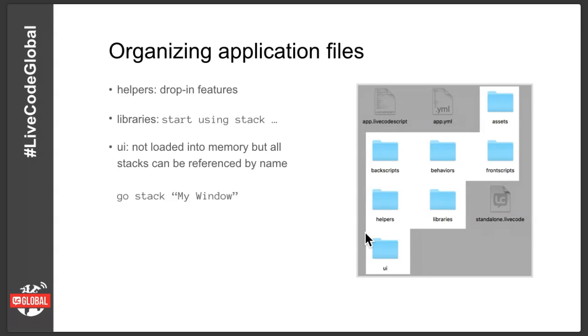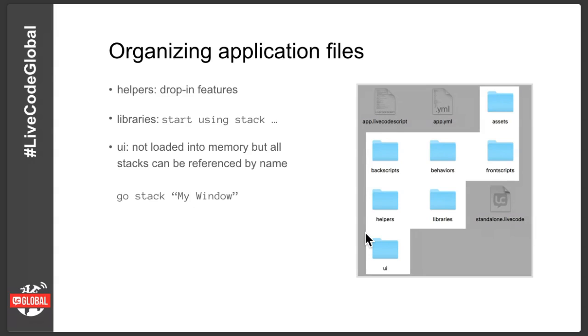The next folder in our list is the helpers folder. Now, helpers is a Levure concept, and you think of helpers as drop-in features. If we have time here, we will talk about that a little more.